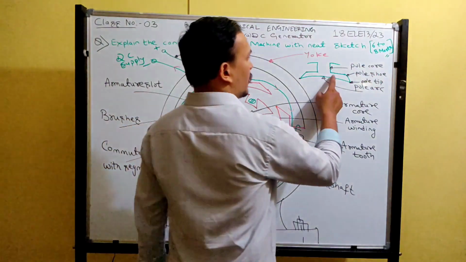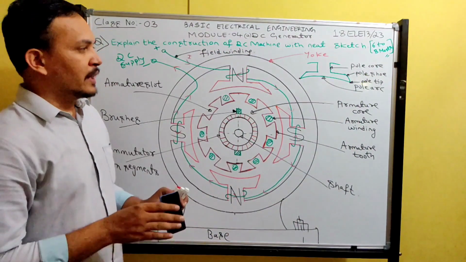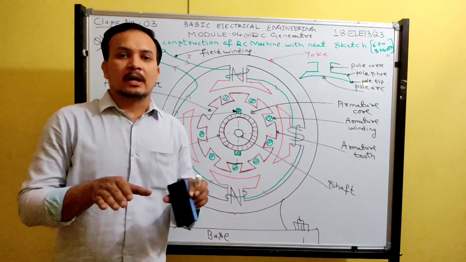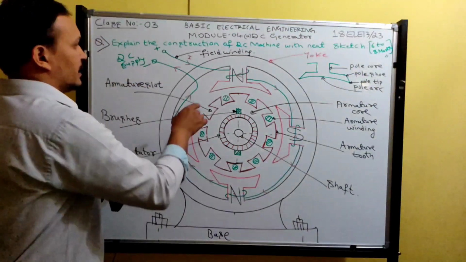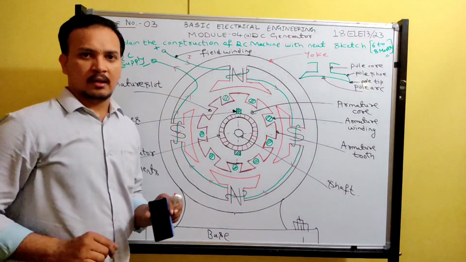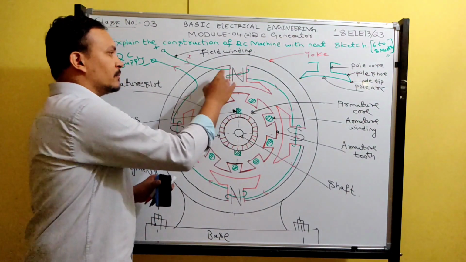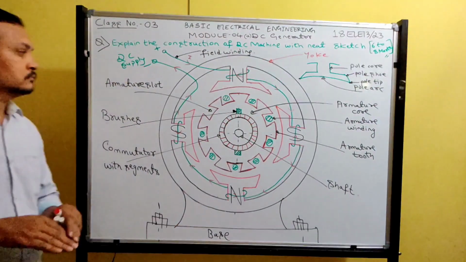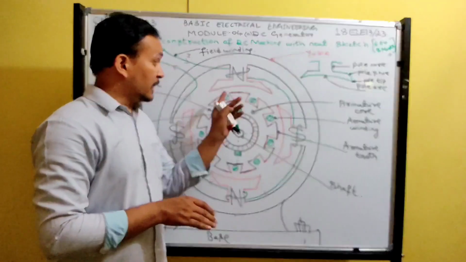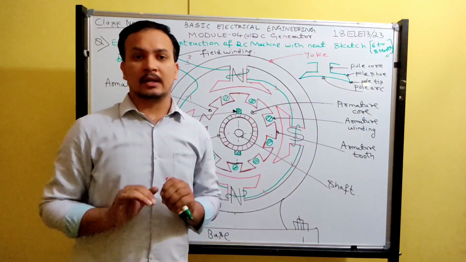Next is pole shoe. The pole shoe provides mechanical balance to spread the flux. See, whenever this field winding is excited by supply, current starts flowing in that field winding. That current produces a magnetic field, and that magnetic field should spread around the armature conductors.